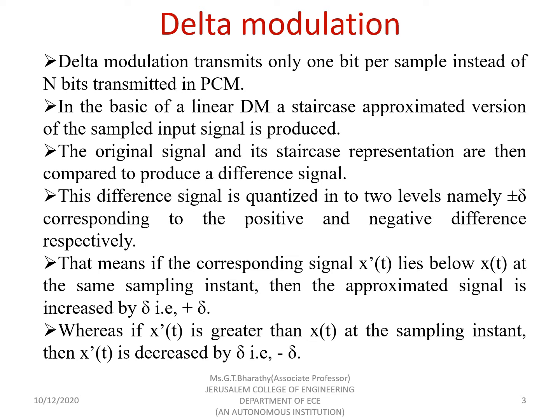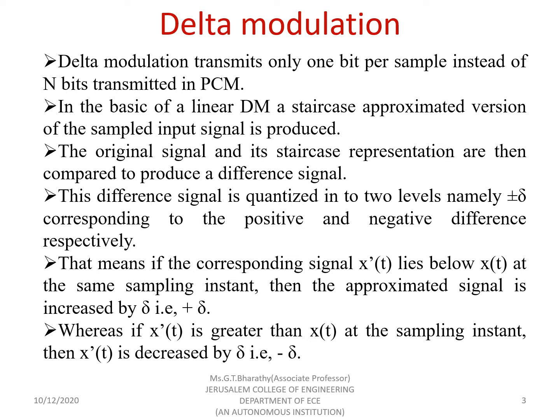So in a linear delta modulator, a staircase approximated version of the sampled input is produced. The original signal and its staircase approximation are then compared. That comparison will give you a difference signal. If the difference signal is positive, then the step will be increased.